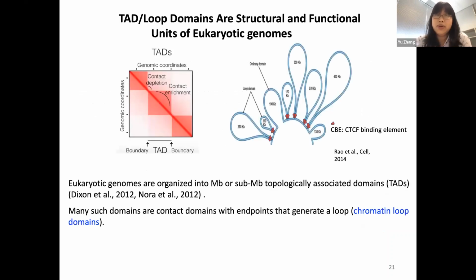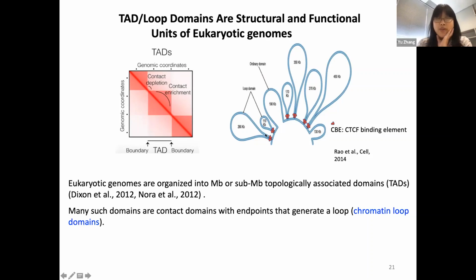An important concept we just mentioned is loop domains. Based on chromatin interaction assays, especially Hi-C, it was found that eukaryotic genomes are organized into megabase or sub-megabase topologically associated domains, also called TADs.